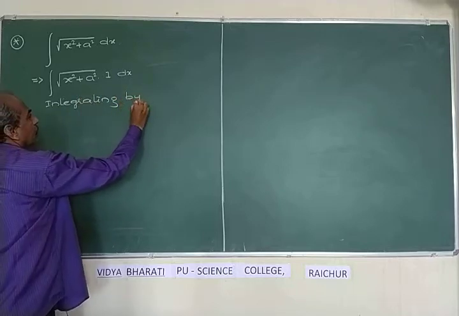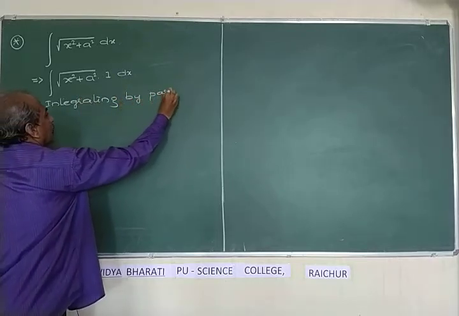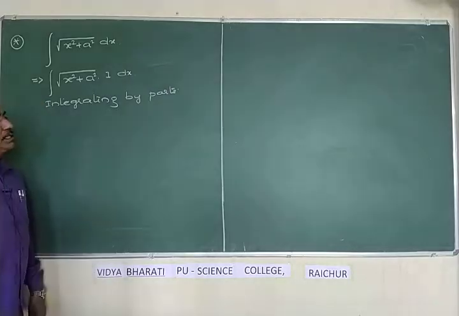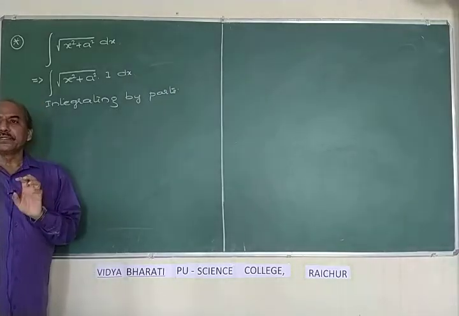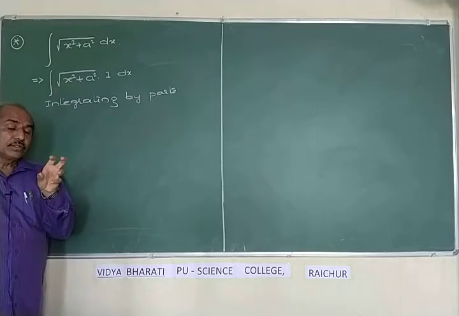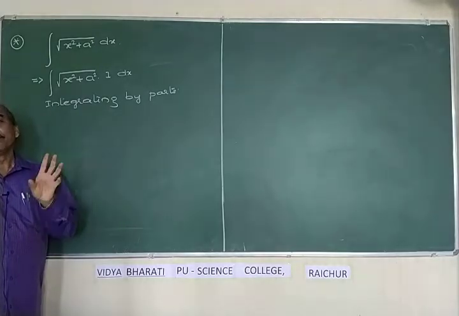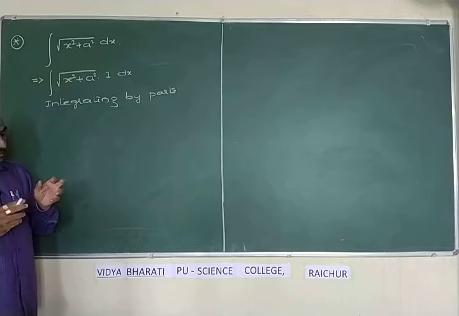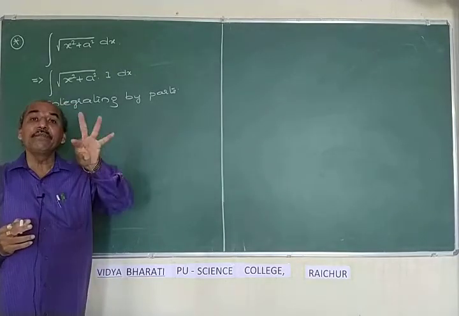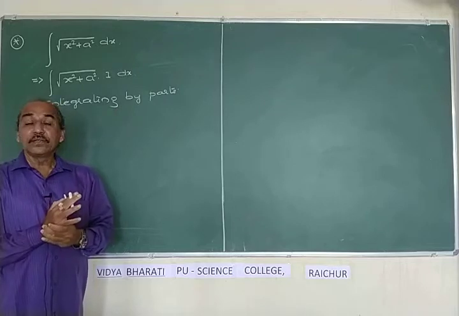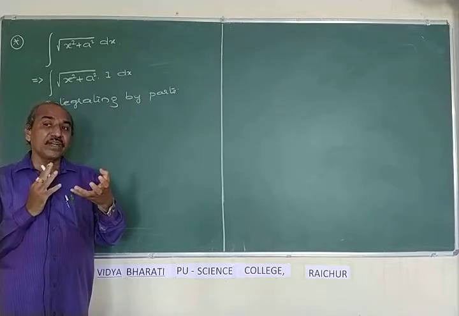Here, choosing the function is very, very important. You should not choose the first function as 1. What happens is, in the second term of the integral, when you differentiate 1, it will become 0. Therefore, you should not take the first function as 1.